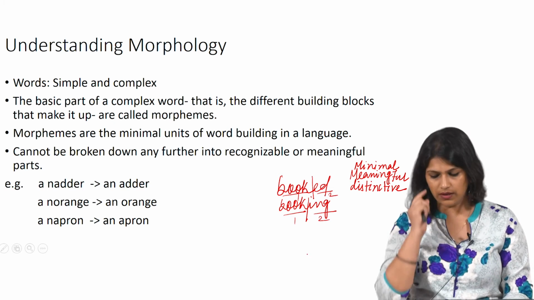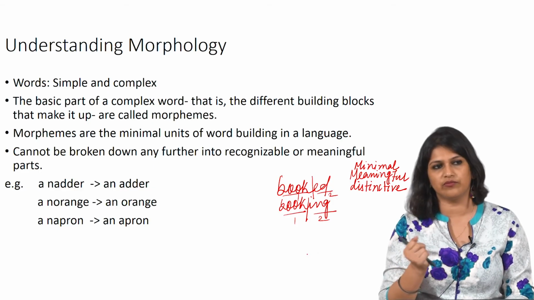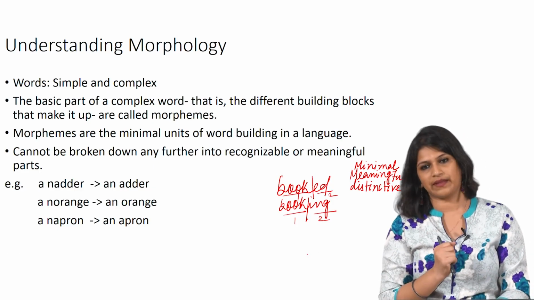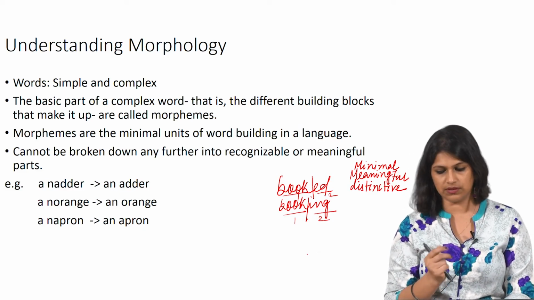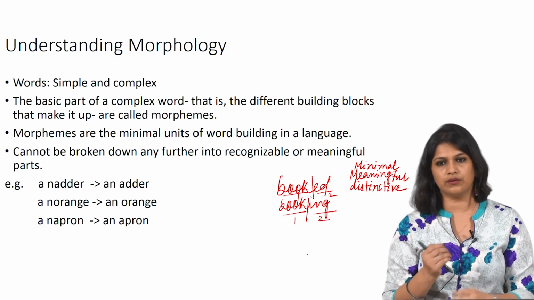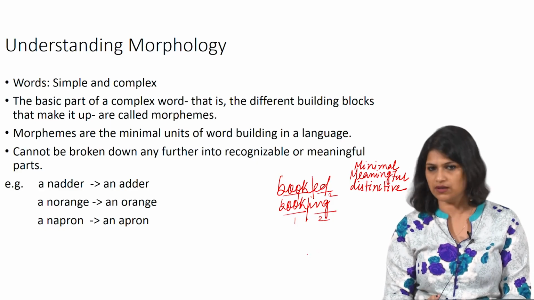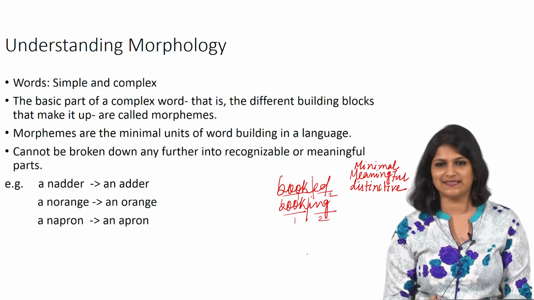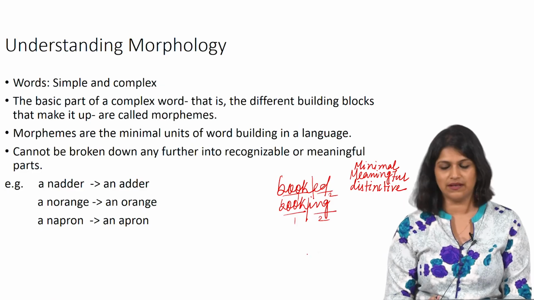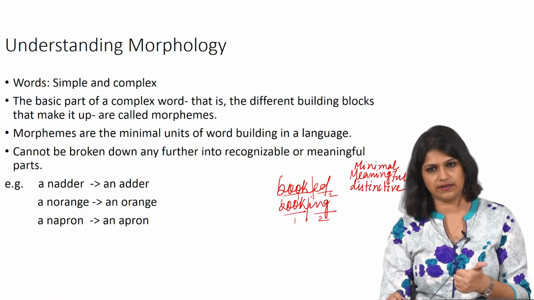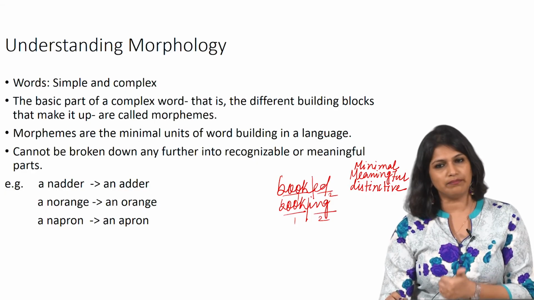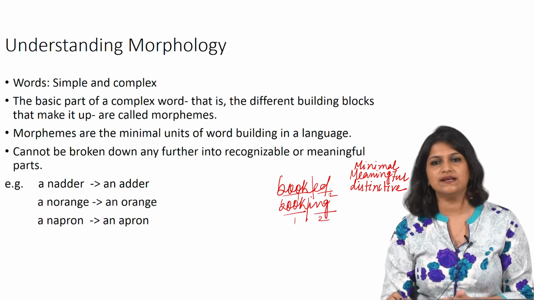Now let us go to the second morpheme in the same word, booked: ed. What do you think? Is this a minimal unit, or can you break it even further? No, you can't. So ed is going to be a minimal unit. Does it have some meaning? It may not have independent meaning, but it does have some meaning.